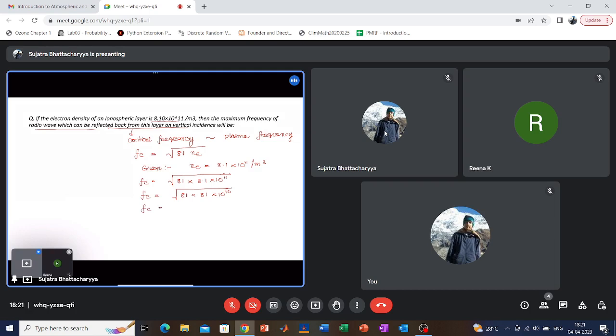Then fc, see 2 81s are there, we can take 1 81 out, and root over 10 to the power 10 is 10 to the power 5, because it is in the powers. Therefore 81 into 10 to the power 5. Then I will take 8.1 into 10 to the power 6, and the unit of frequency is per second or hertz. Therefore it will be 8.1 megahertz.